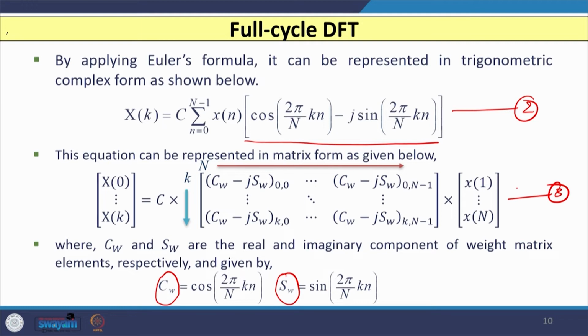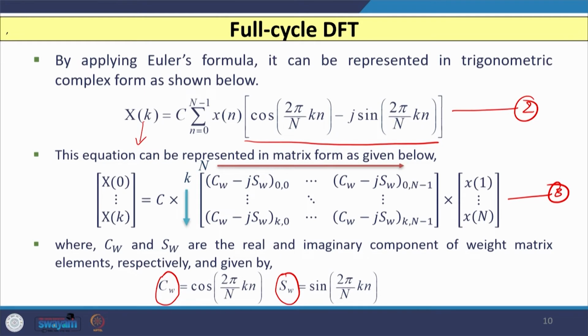Here you can see x of k, where k represents the harmonic number. The left hand side, that is the phasor value output which we want to calculate or estimate, varies from k equal to 0 up to k, where the k limit is again restricted by N by 2 minus 1.